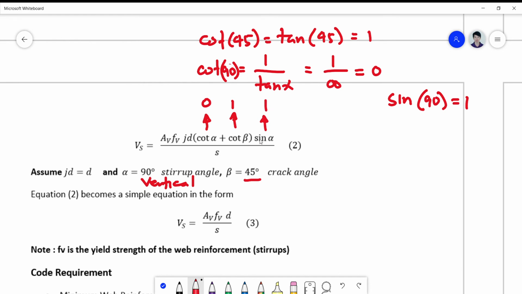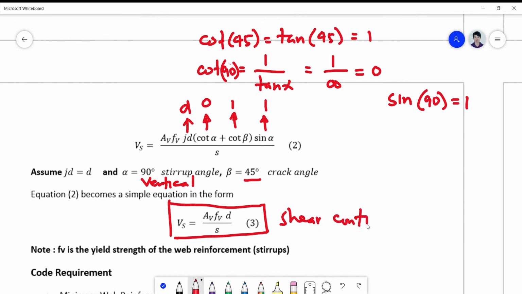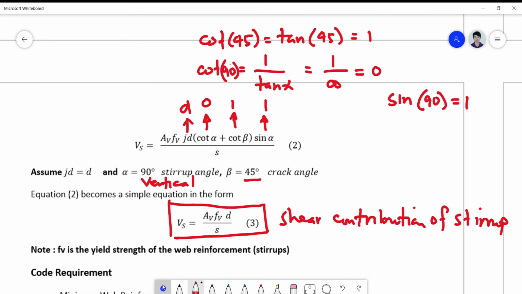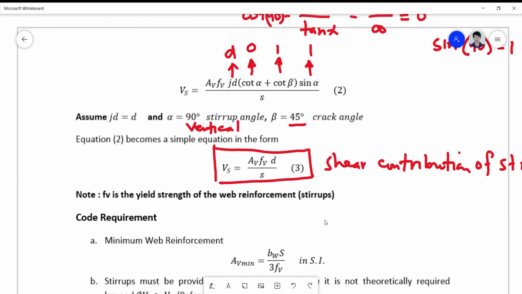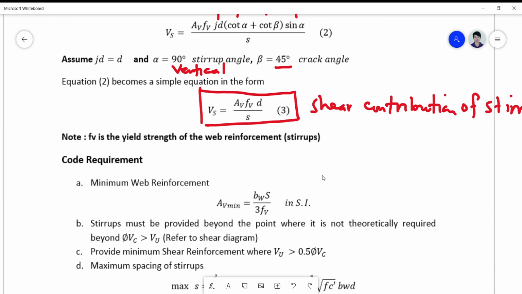That's why we now get a value of Vs equal to Av fy d all over S. So this is our working equation for the shear contribution of your stirrup. Note that fy is the yield strength of the web reinforcement, which is known as your stirrup.